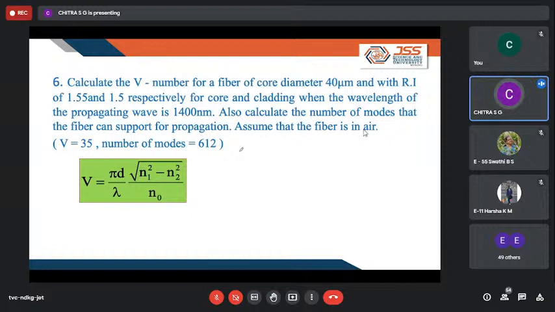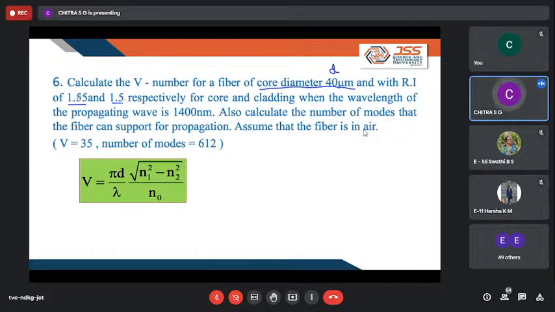So here first you write down what is given in the numerical. They have given the core diameter, so core diameter D is 40 micrometer. You have to convert it into meter, micro means 10 raised to minus 6 meter. The core and cladding refractive indices n1 is 1.55 and n2 is 1.5.